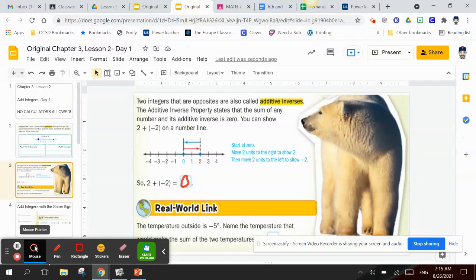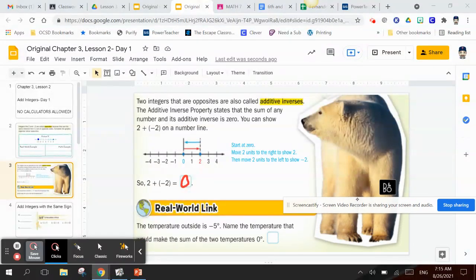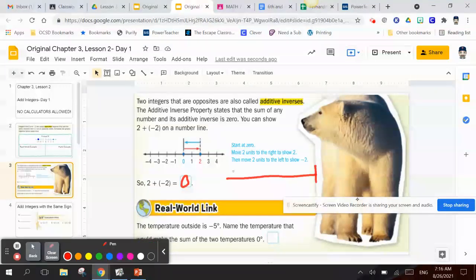So when we look at the real world link down below us, the temperature outside is -5 degrees. Name the temperature that would make the sum of two temperatures 0. So if I draw my number line, here's -5.